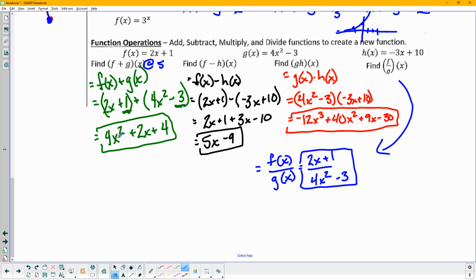I don't have to have this form of it. I can plug in 5 to this one here and go 2 times 5 plus 1, and that's going to be added to 4 times, not x, oh dang it, 4 times 5 squared minus 3.